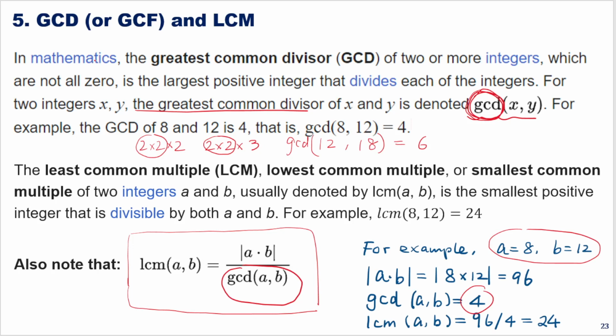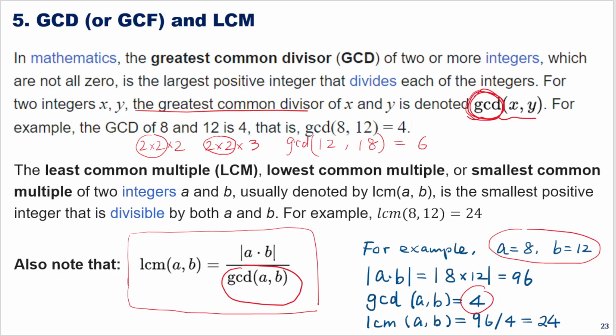So the problem is, how do you find the GCD of two numbers? Okay, let's talk about how to find the GCD of two numbers. Sometimes it's very simple, right?